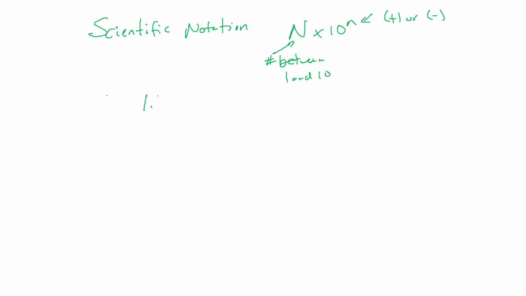So if we had something like 1.2 times 10 to the 3, that is a number written in scientific notation. When you write a number in scientific notation, all the numbers before the times 10 part are significant. So these are significant. That means that this would have two significant figures.